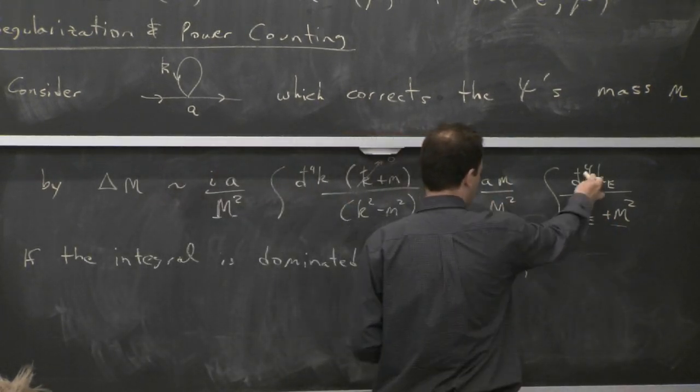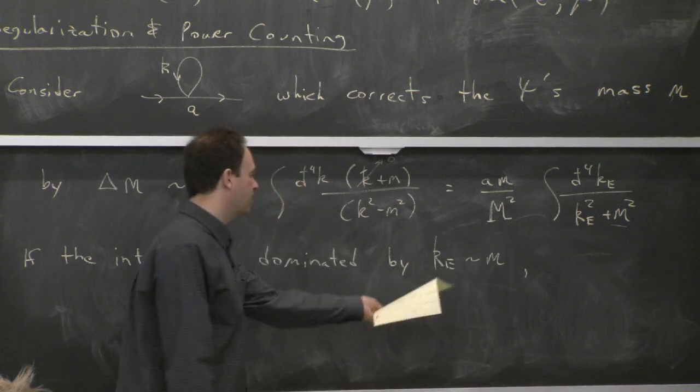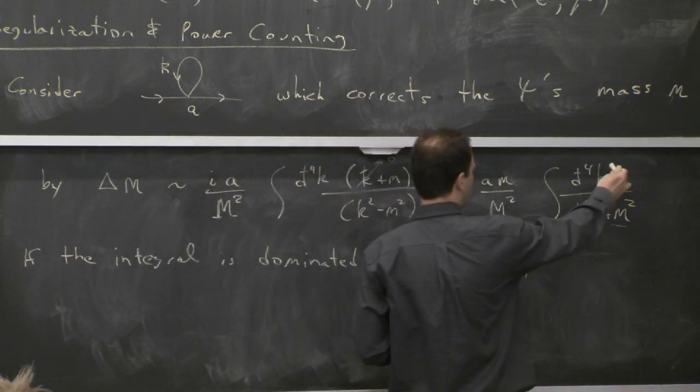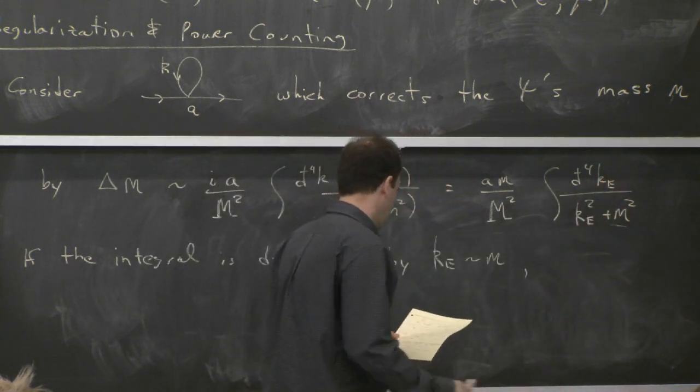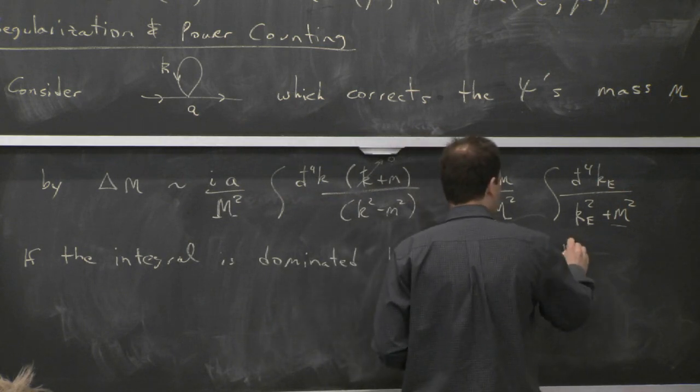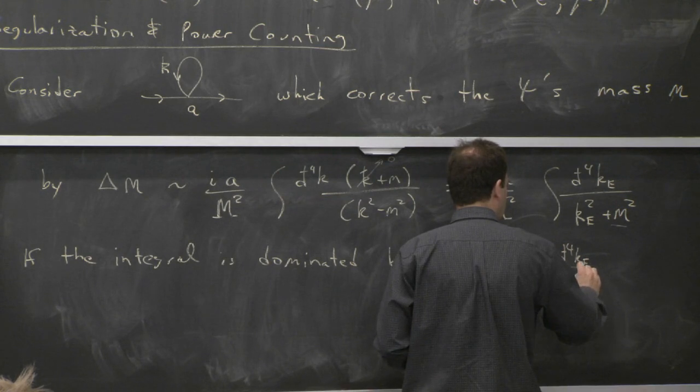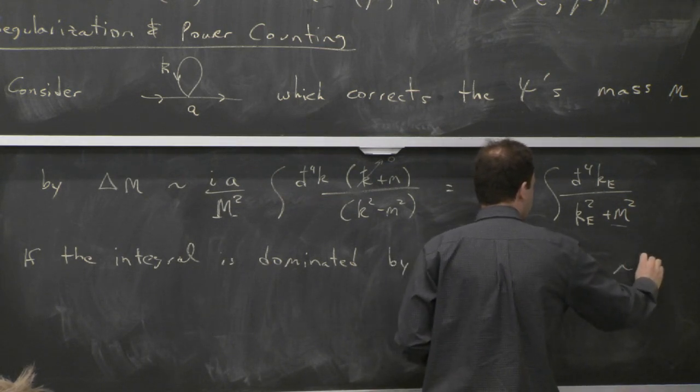You just assume that all the factors of k are of order little m. You've got an explicit little m, 4 powers in the numerator, 2 powers downstairs. So you would say that this integral scales like m squared.